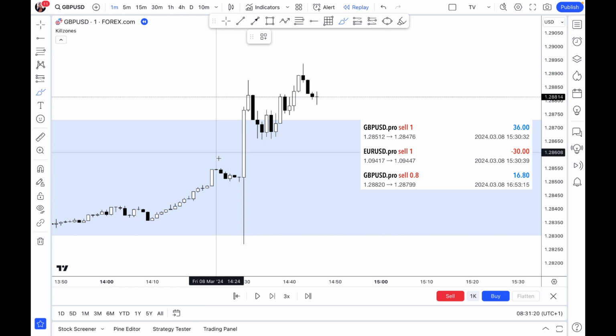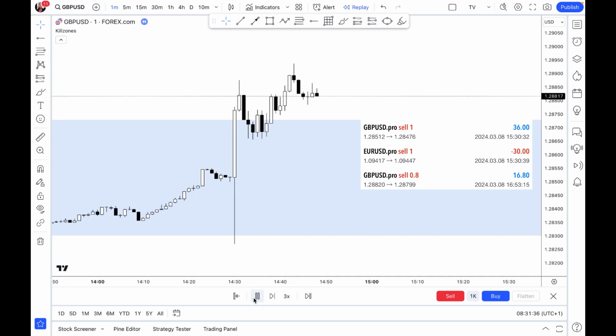But with the GU, I had a profit of $36. That compensated for the loss on EU, so I ended up with a $6 profit. And that was it about NFP.